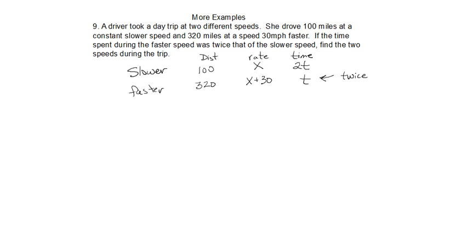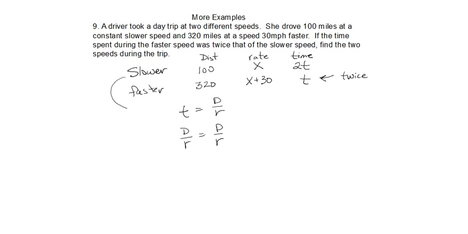So if we want to set these in a distance formula using time, we set t equals d over r. And once again we substitute the d over r in for t.